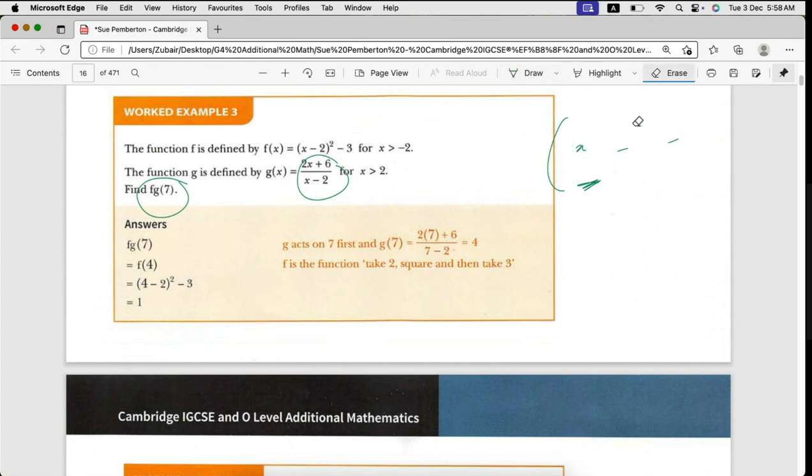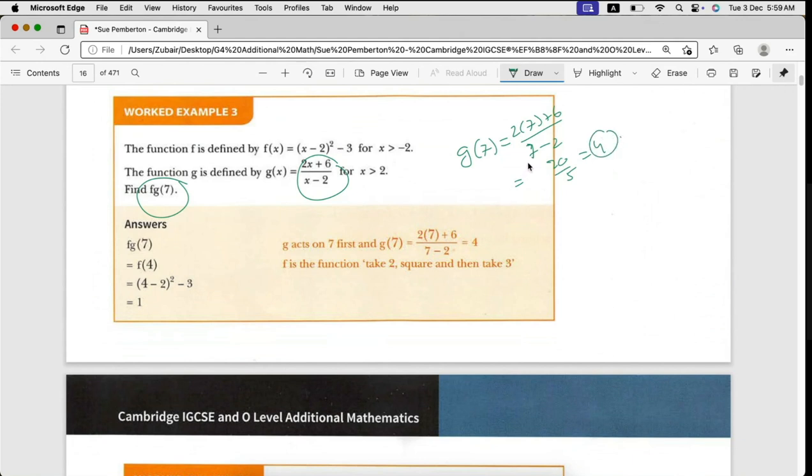But luckily, the numbers are given. When numbers are there, it simplifies to smaller fractions. So we would just simplify and get g of 7 first. That is (2 times 7 plus 6) over (7 minus 2). So 14 plus 6 is 20, divided by 5, and it is 4.